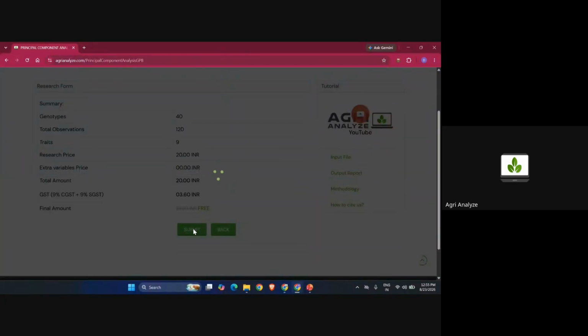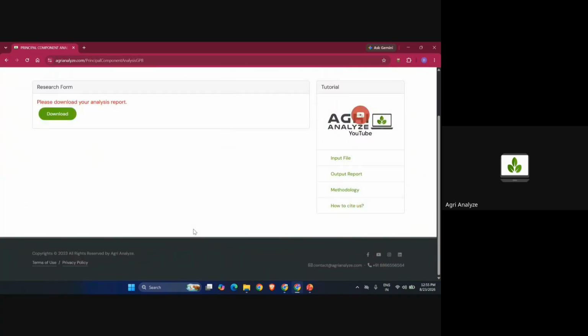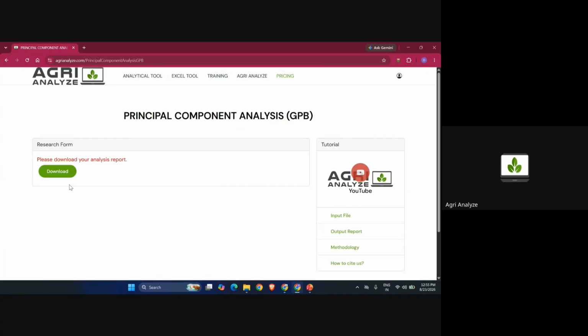Here it takes a few seconds for analyzing your data set. So here, click on the download button to get your analysis report.